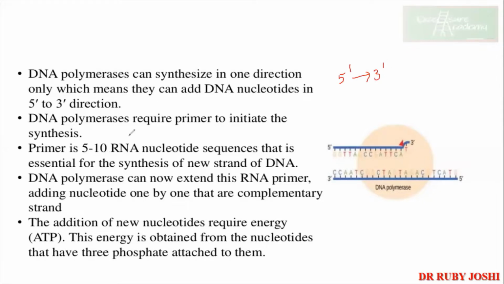Now, of course, the DNA polymerase requires primer, and who is providing the primer? What is the name of the enzyme? Yes, Tanvi, what is the name of the enzyme which provides the primer? Yes, very good, primase. And that is also known as what kind of protein in prokaryotes?